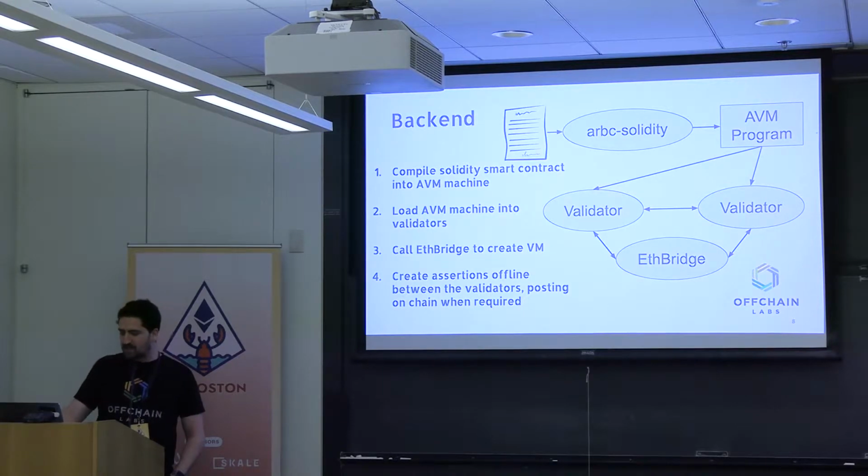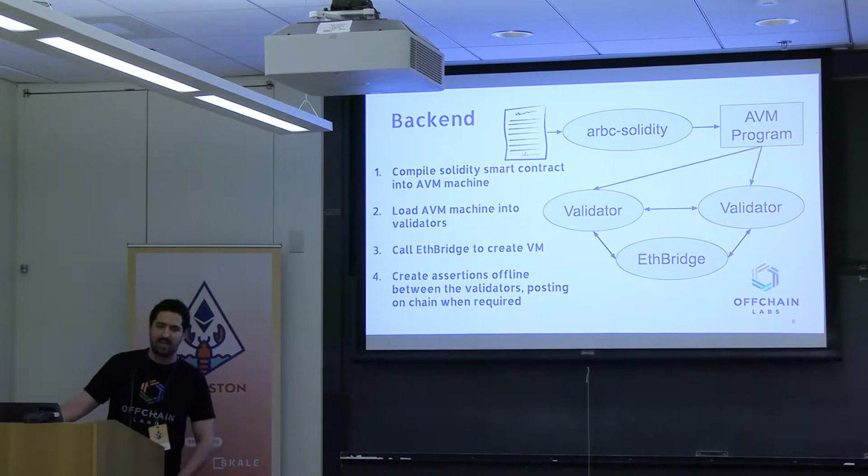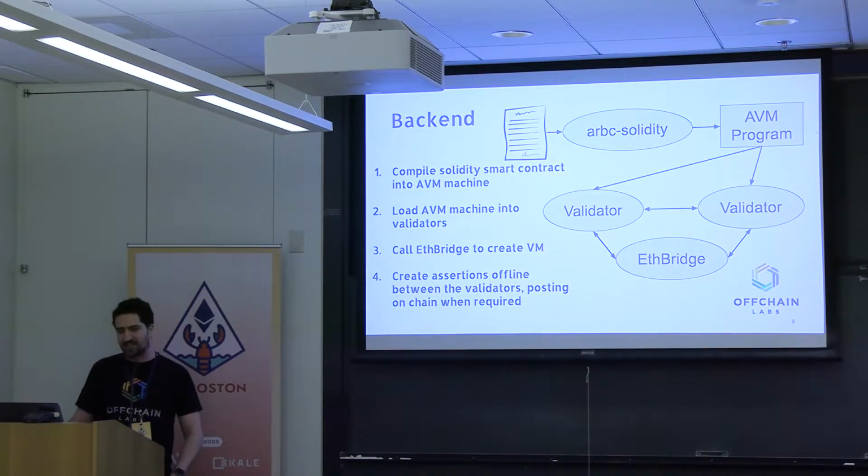You then distribute this machine to all of the validators. They make a call to an on-chain smart contract in order to create this virtual machine or this contract. And then they just function offline, passing messages between each other. The blockchain is involved in that it's tracking the metadata for this contract, but everything else happens efficiently and securely off-chain. So that's essentially what the deployment side of things looks like.